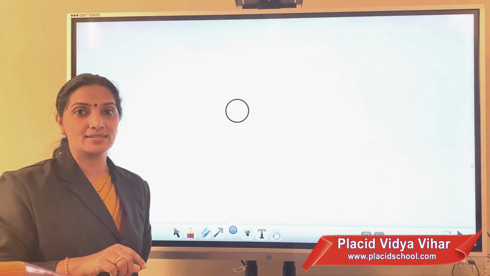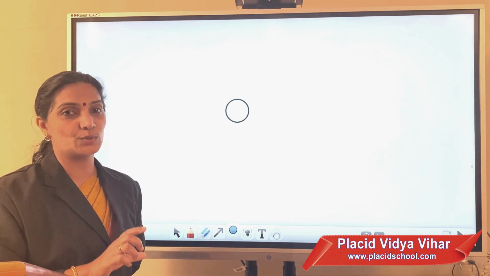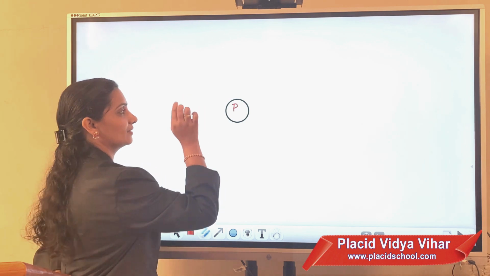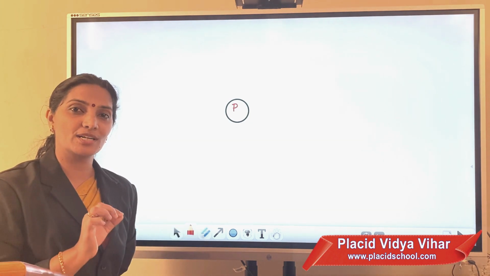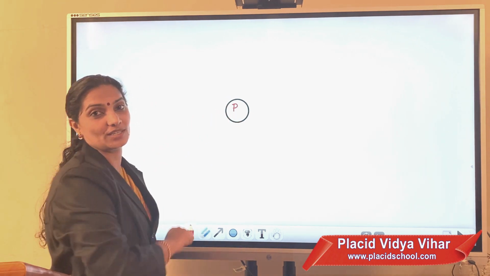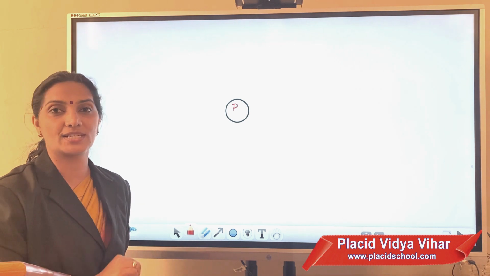The positively charged particles are present inside the nucleus. So we can write proton. Protons are represented by small letter p. So we write p inside the nucleus. That's why the nucleus has positive charge.